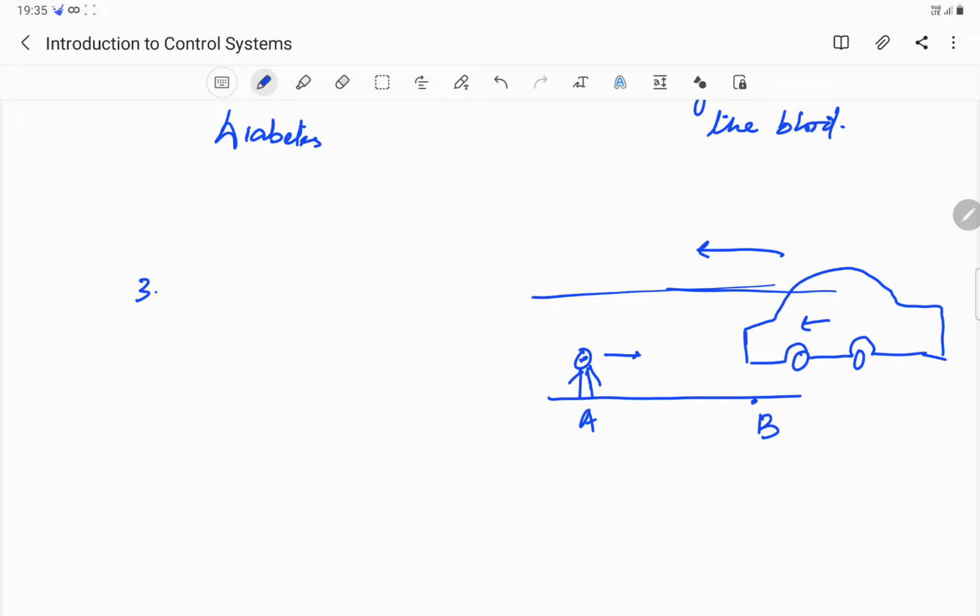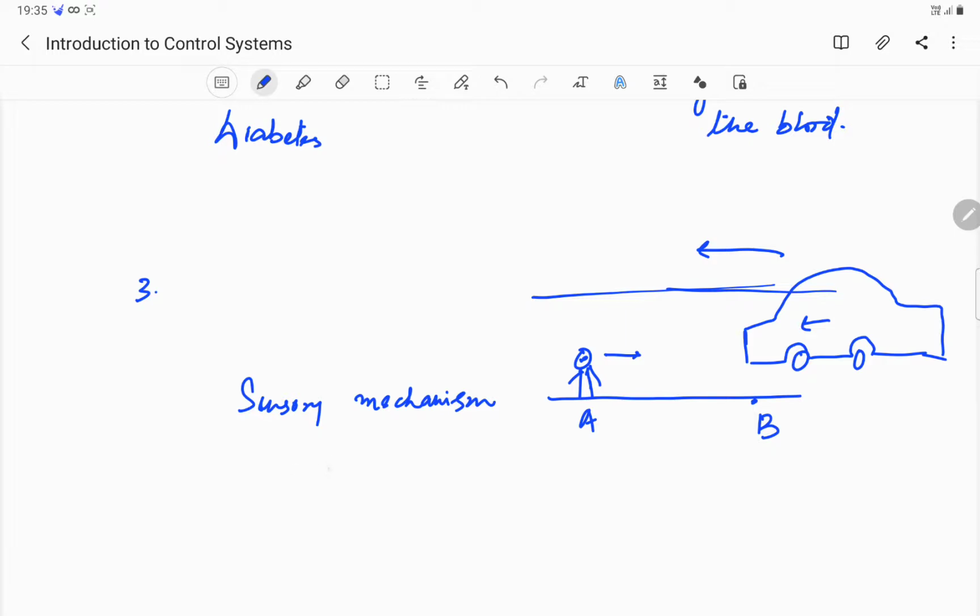So there is basically a sensory mechanism by which you come to know whether you can cross the road or not.